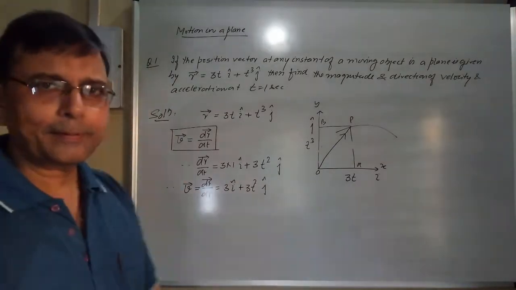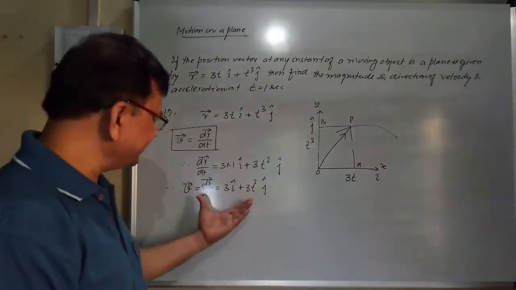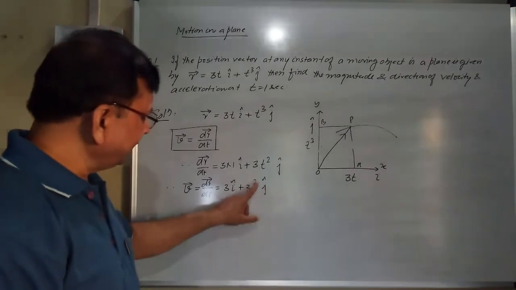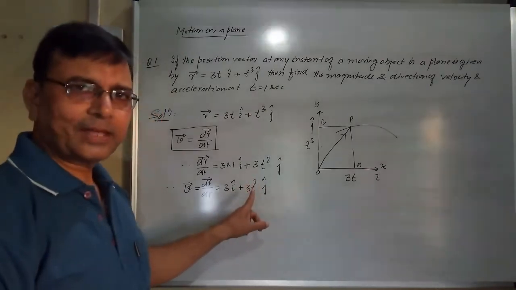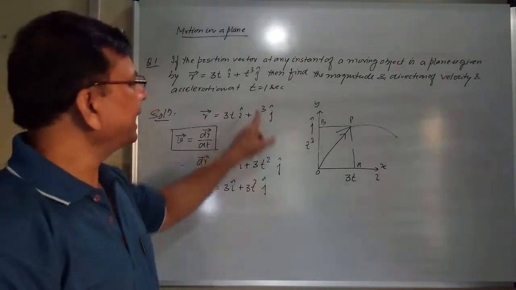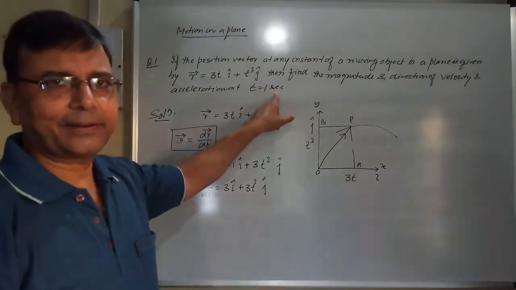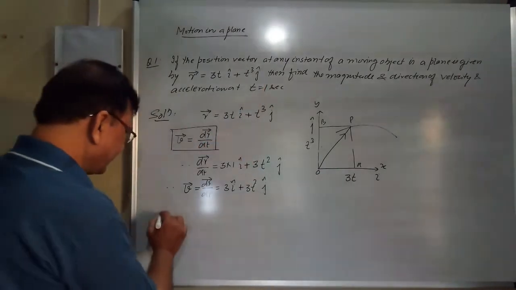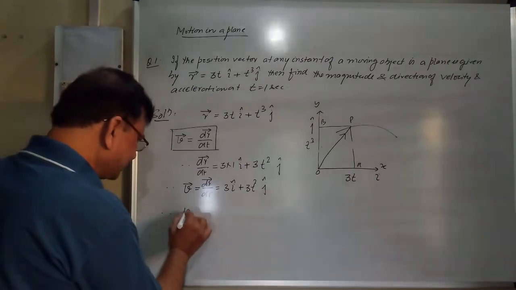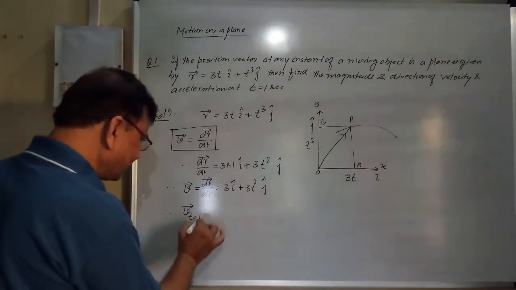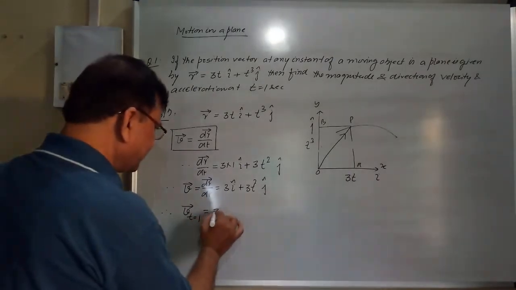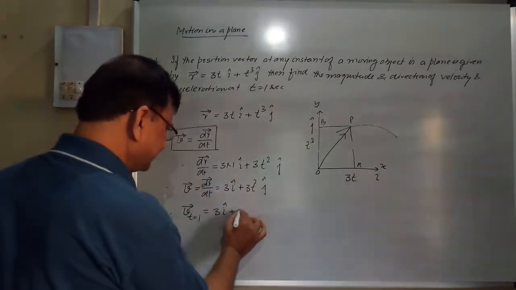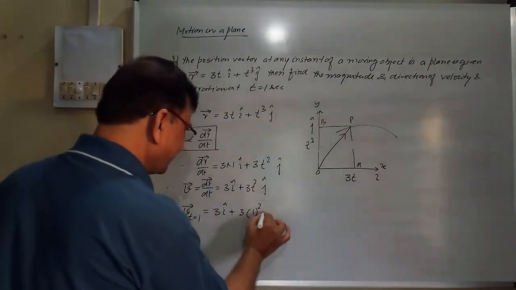Velocity we got, right? And this velocity at particular time, and we want this velocity at t is equal to 1 second. Therefore velocity vector at t is equal to 1 second, that is equal to 3i plus 3 times 1 square, and j.